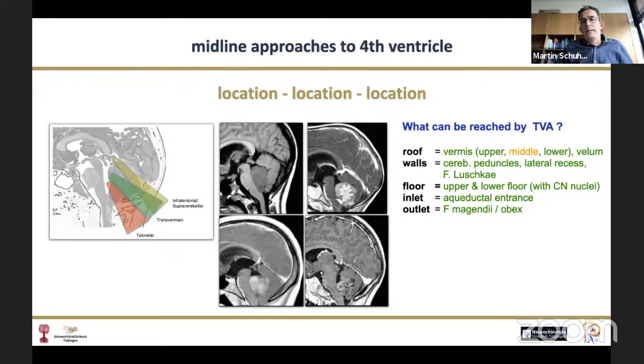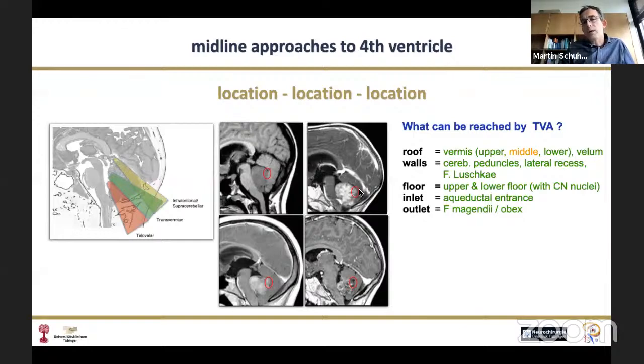One is a little bit in orange here, the middle vermis, and that is because this is the area where your view, your angle is unfortunately, let's say, like this, in that part of the roof, you have a very flat angle. You see basically alongside the vermis and you don't have a top view.